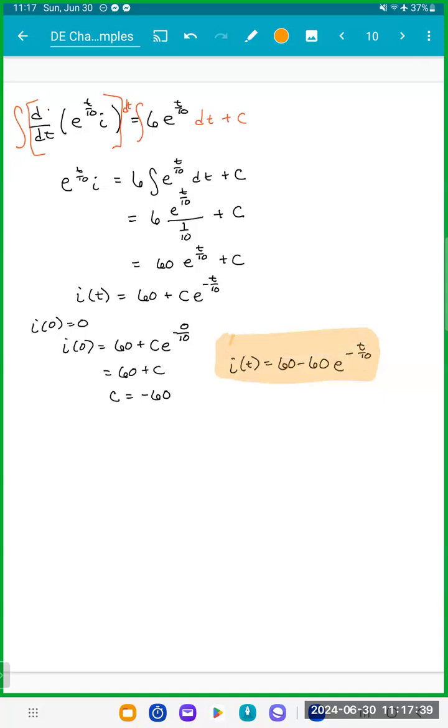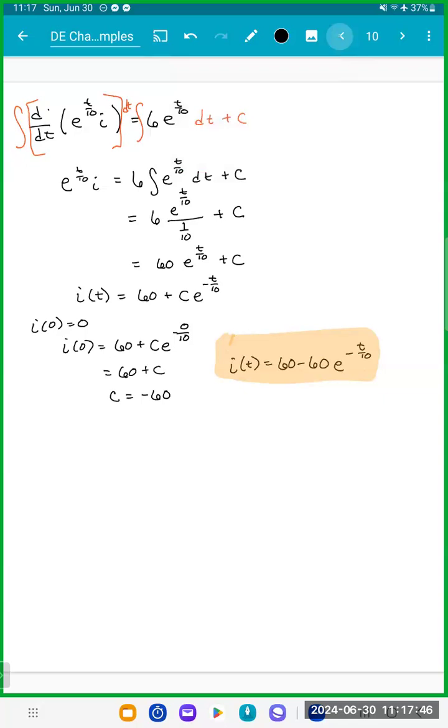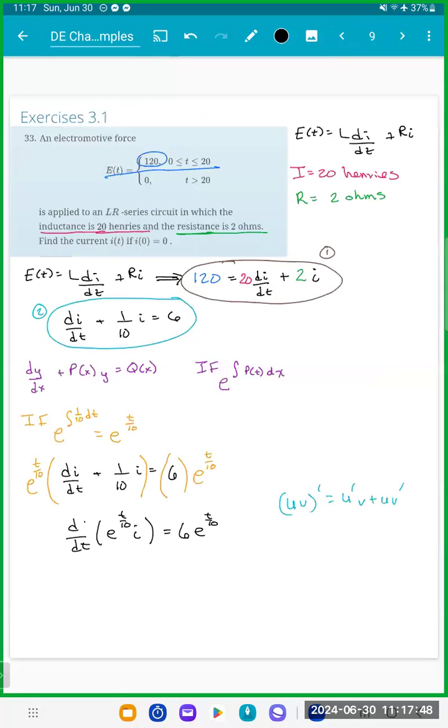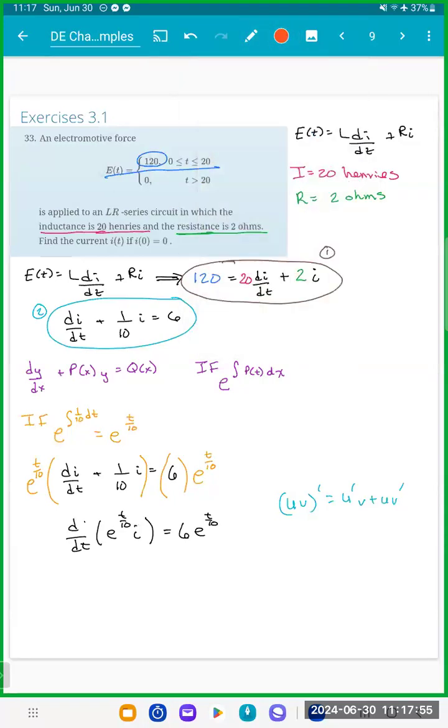Okay. Now we want to solve the second interval. So let's come back over to what we were given here. Our second interval is asking us to look at when t is greater than 20, okay? And so when we do that, our starting condition is when our E of t is equal to 0.